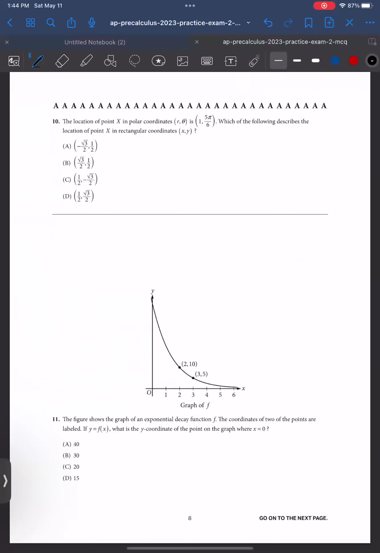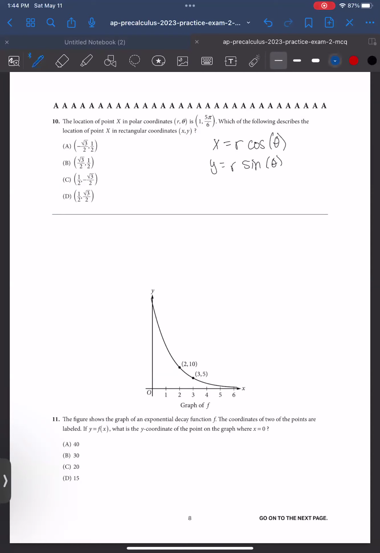Converting polar coordinates to rectangular coordinates, all I have to do is say x is equal to r times the cosine of theta, and y is r times the sine of theta, because we know cosine is x and sine is y.